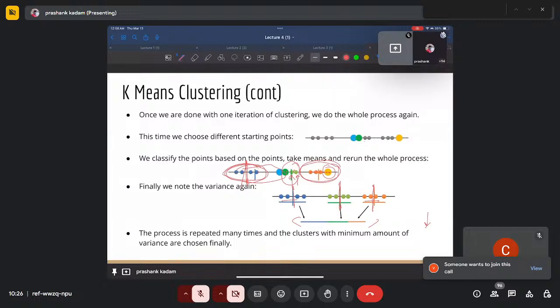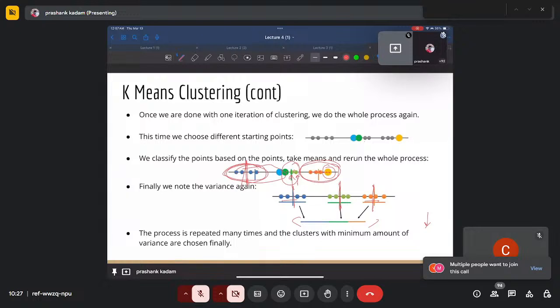You have to keep on clustering the data again and again to see the variance, and you have to come up to a point where you are getting the minimum variance, and that's your optimal clustering, right? Once you get that, you say that your clustering is done.